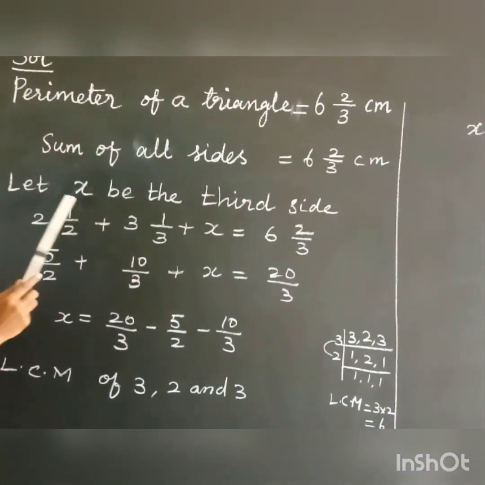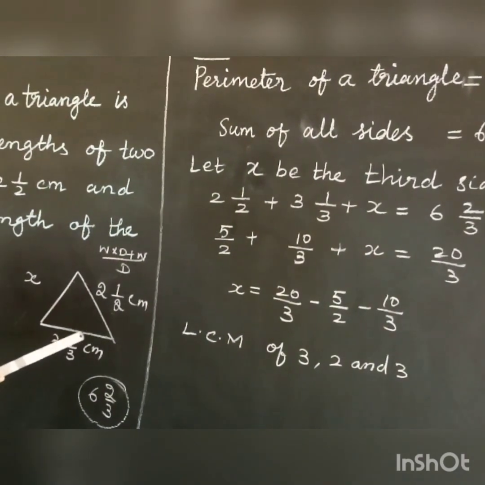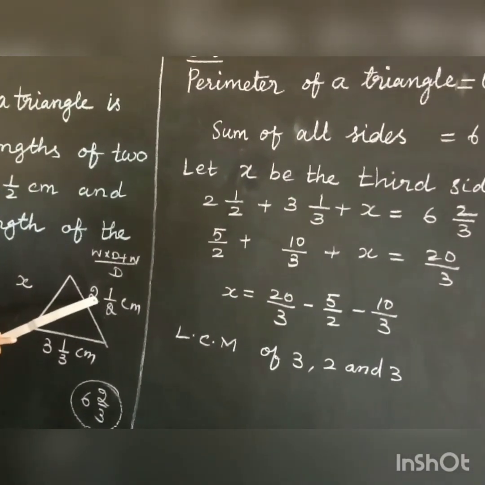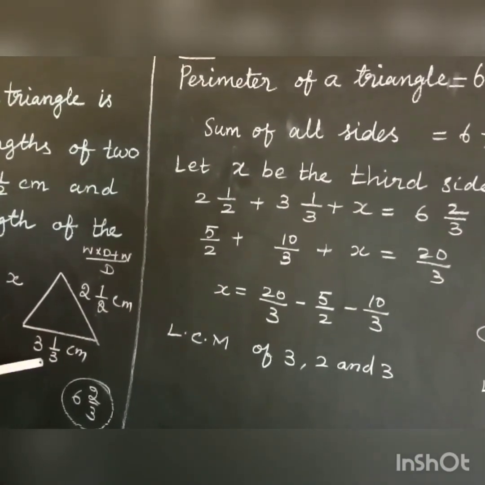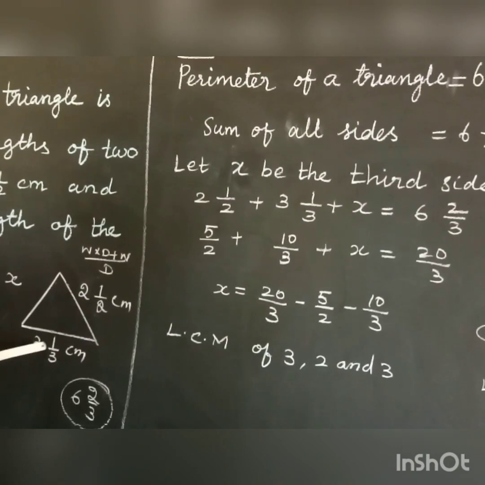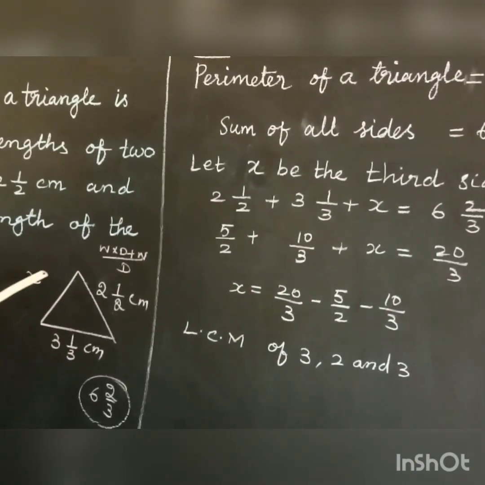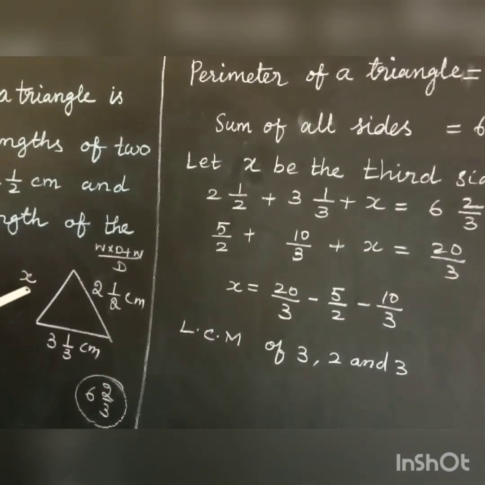So let x be the third side. See the triangle, the first side is 2 1/2 centimeter and the second side is 3 1/3 centimeter and the third side is the unknown value. That is not given in your sum, so we take that as x.